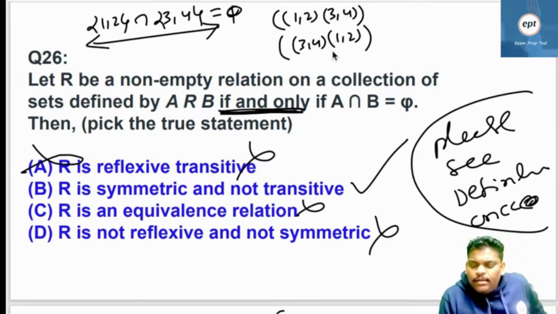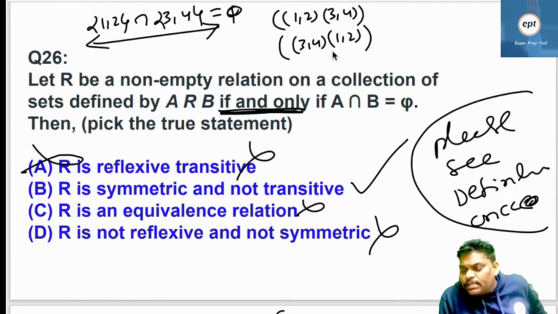R is symmetric and not transitive. One pair also you cannot miss. Every pair which satisfies this condition should be there. It is if and only if, both sides. A and B are related if and only if A intersection B is empty.